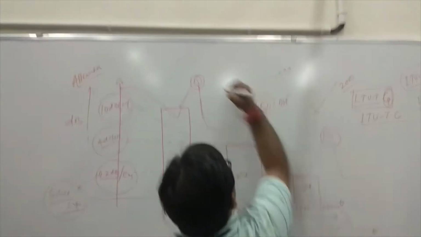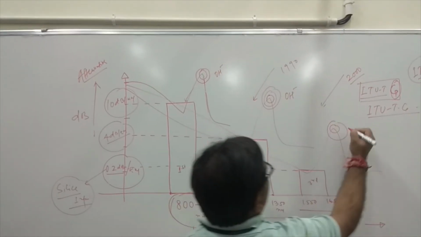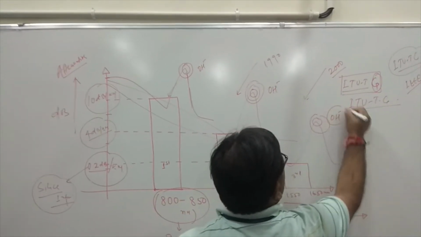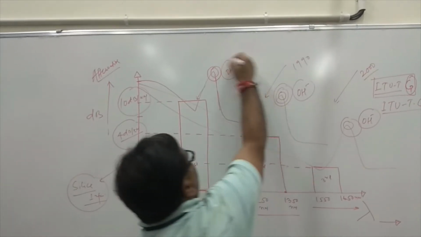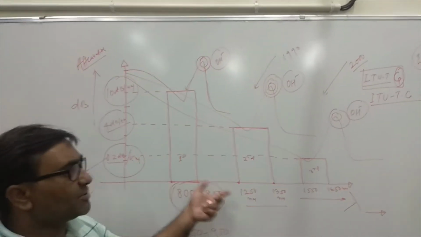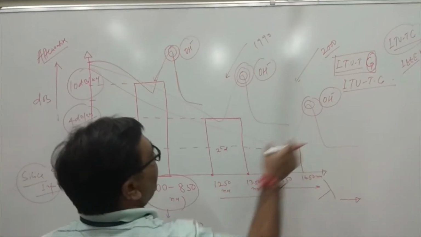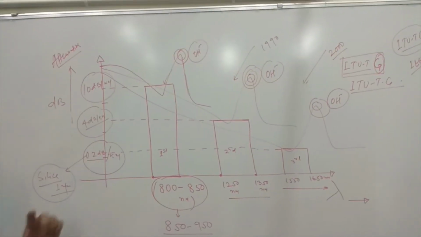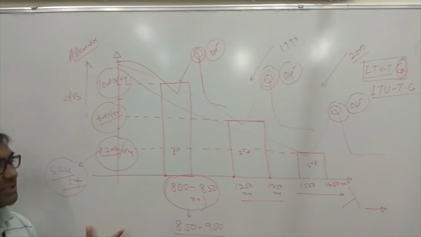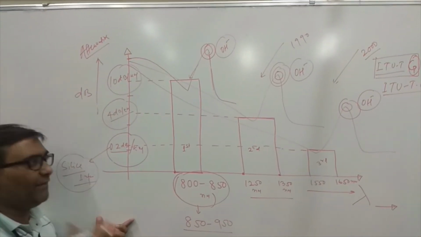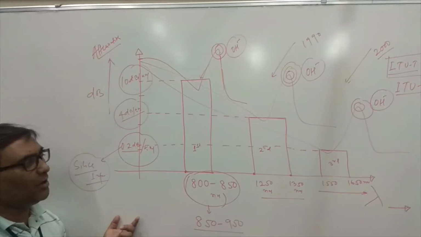OH minus ions is nothing but the absorption of the water molecule. Due to water molecules, this absorption has happened. That's why this peak has appeared in all windows. Right. So first question is, how many windows in an optical fiber communication system? There are 3 windows. First window, second window, third window.